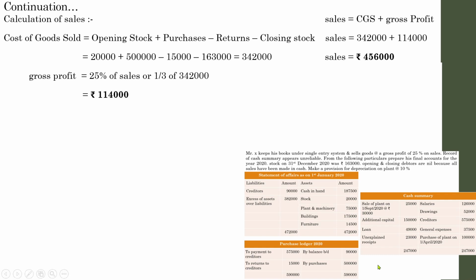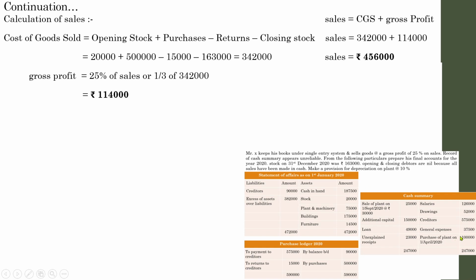So there are three details with regard to plant and machinery. At the beginning there was 75,000, and during the year about 25,000 of sale on certain plant happened, and by April an additional purchase was made. So there are some details with regard to plant.